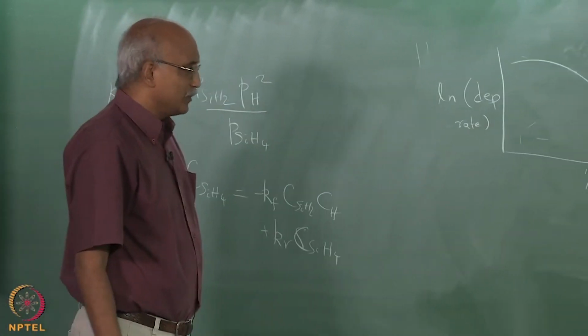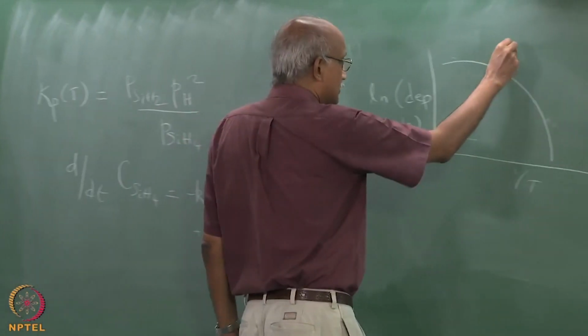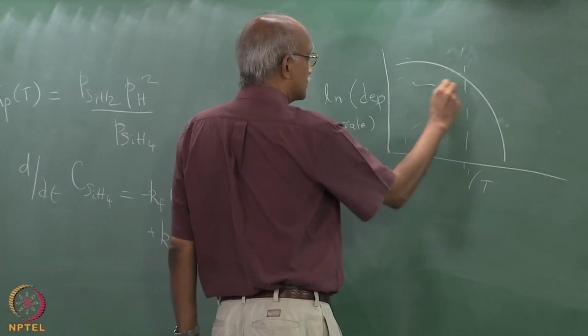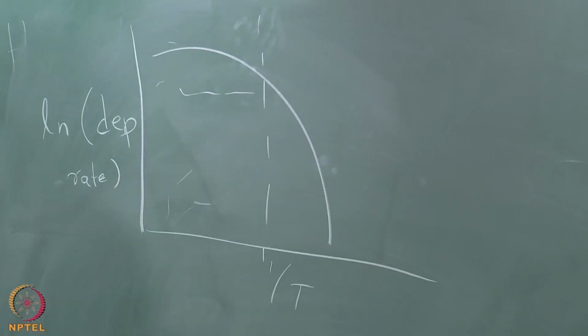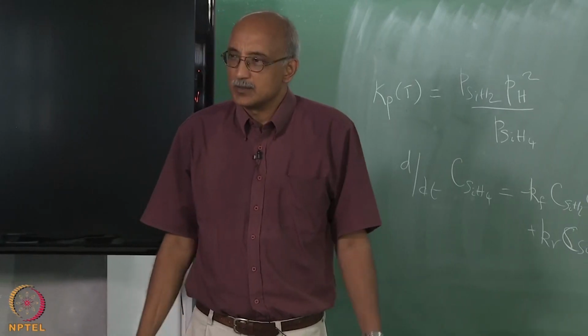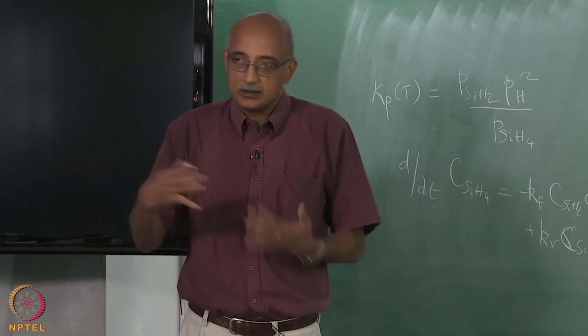Now, what does that mean? So, there is essentially a region where the deposition rate is virtually insensitive to temperature, right. So, what does that mean? What is the limiting factor?